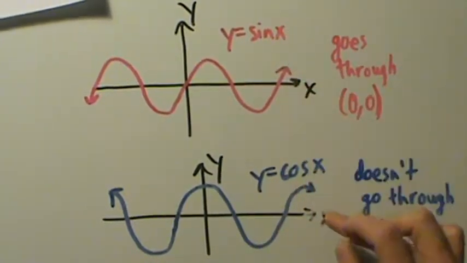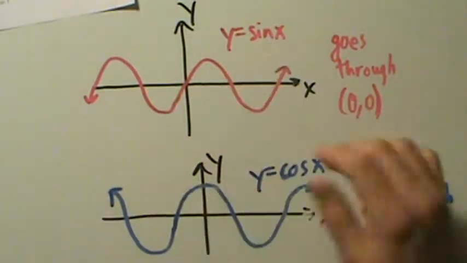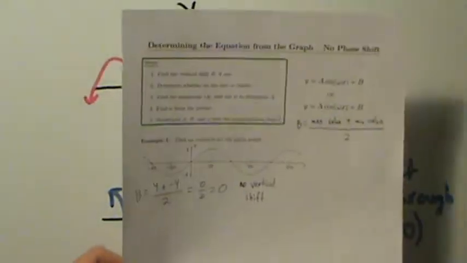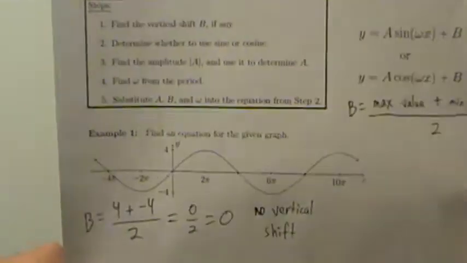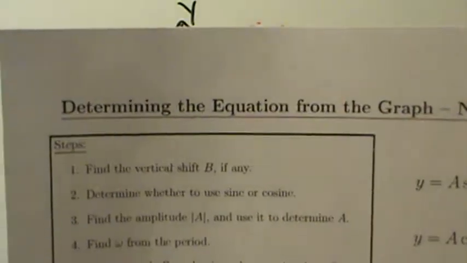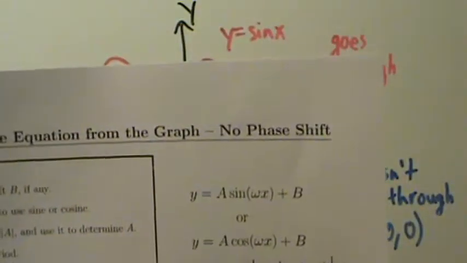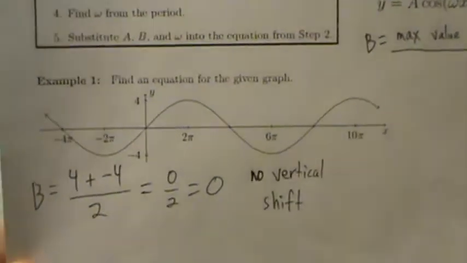Just regular sine and cosine without any shifts or anything like that. If you just remember that, then that'll help you here. So if we look at this graph here, let's zoom back in. If we want to find the equation for this graph, we're on step 2 right now, determine whether to use sine or cosine. We already know there's no phase shift, so no horizontal shift, and we just found out there's no vertical shift.